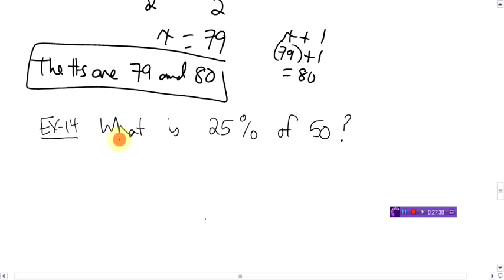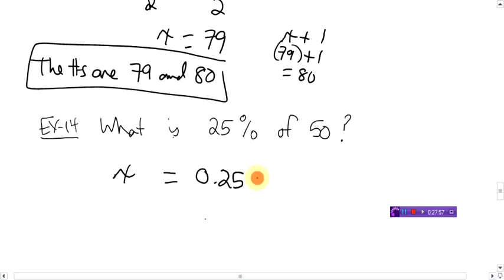What is 25% of 50? So what is, that means what we don't know. Let's call it X. Is equal sign, 25%. You can write this two different ways. You can write it as 25 over 100, or write this as a decimal. 25%, if you remember, is move it 2 spots to the left, 0.25. Of means multiply.